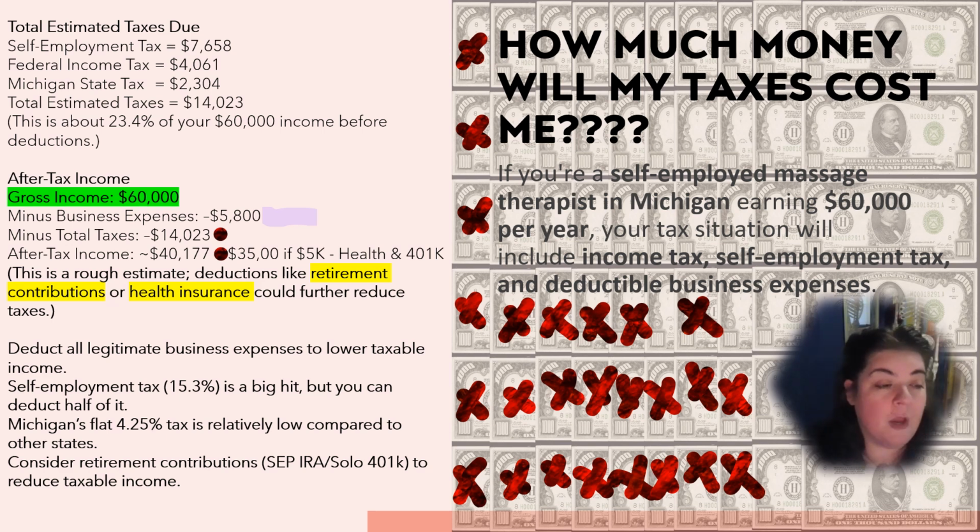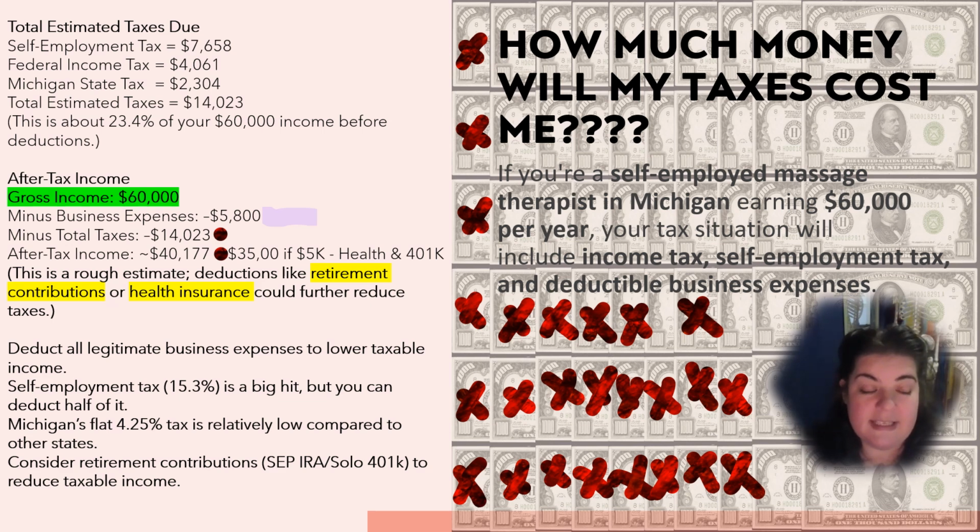All right. You need to deduct again all your legitimate business expenses to lower your taxable income, to lower the amount of taxes that you need to pay. Self-employment tax, 15.3%, is the biggest hit, but at least you can deduct half of that from your total income.